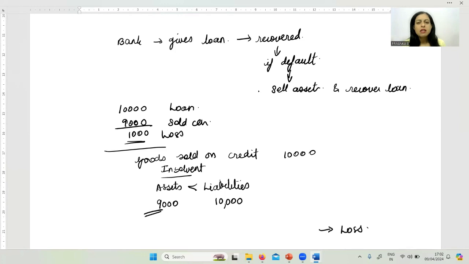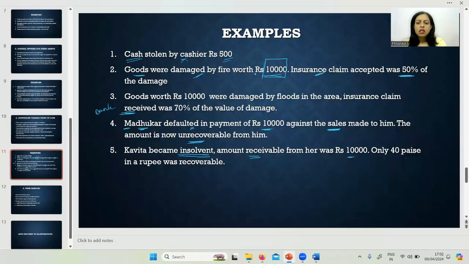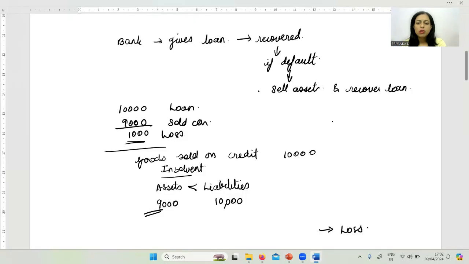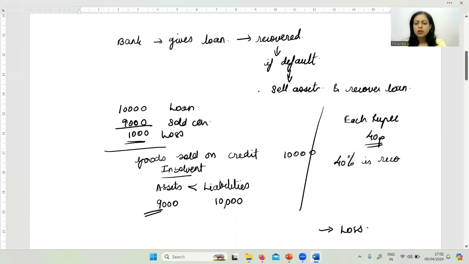Now, what happens if the assets are sufficient only to a certain extent? If you see here, they said that only 40 paise in a rupee was recoverable. So for each rupee, how much is recoverable? 40 paise. So we can say 40% is recoverable. So of the entire value, only 40% is recoverable, rest is lost.